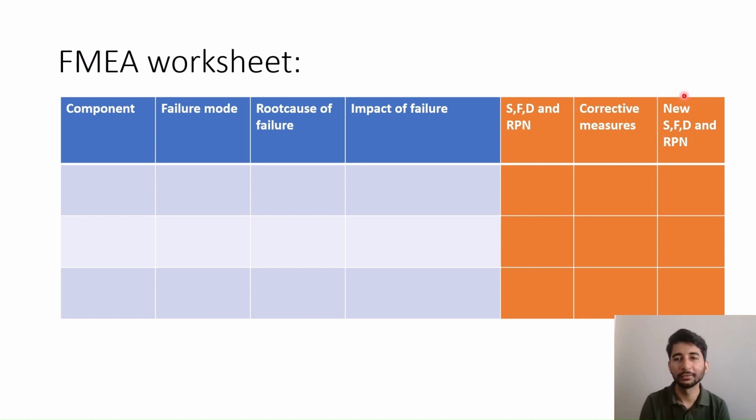And again, we will check if the new SFT and RPN are acceptable. Until the new SFT and RPN are accepted, we will continue to apply corrective measures and bring the SFT and RPN down. So this was about the first part of the FMEA worksheet, the identification of the component failure modes, root cause and impact.